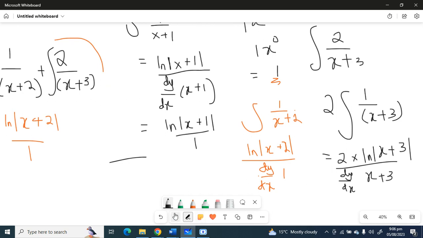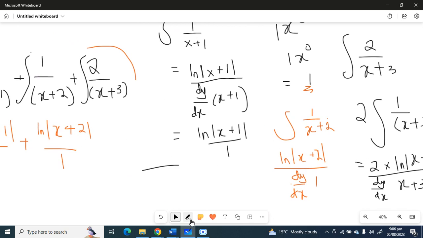So we can write our answer here: plus 2 times the natural log of x plus 3, divided by the derivative of x plus 3, which is also 1.